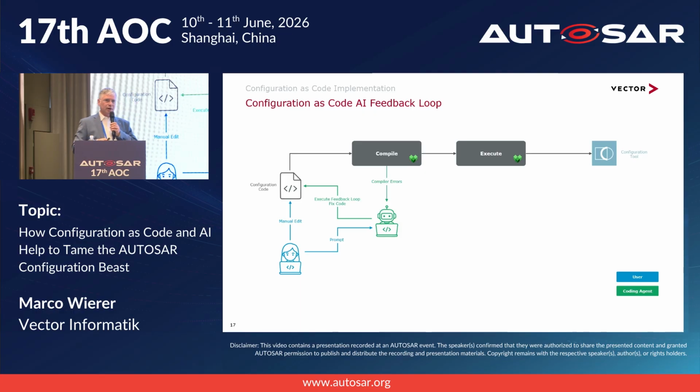And this is quite an important pattern actually. We all know that LLMs are probabilistic, so it's quite important to do these validation steps in an early phase to implement this feedback cycle.